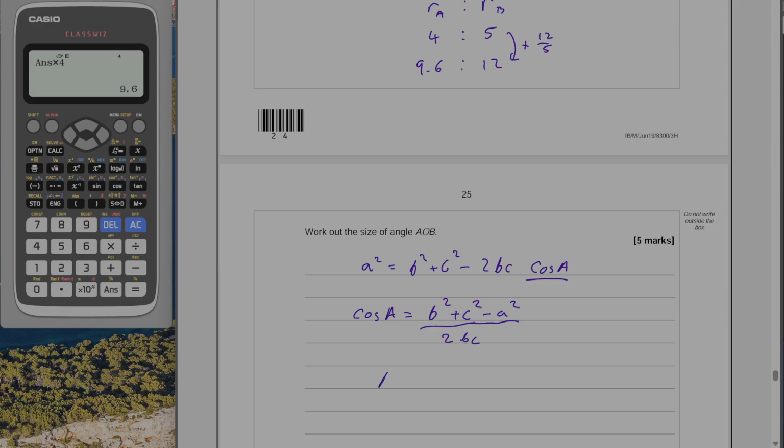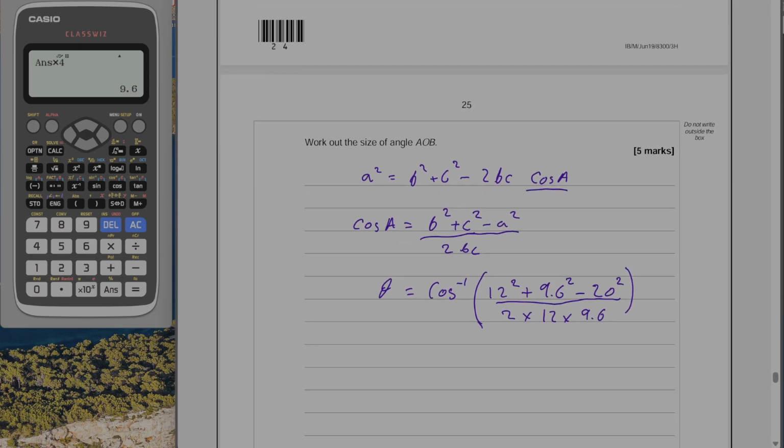Right, so the angle that we're after is going to be equal to cos to the minus 1 of, right, I'm going to pick back up. Now I've got these values here. So 12 squared plus 9.6 squared minus 20 squared, divided by 2 times 12 times 9.6.